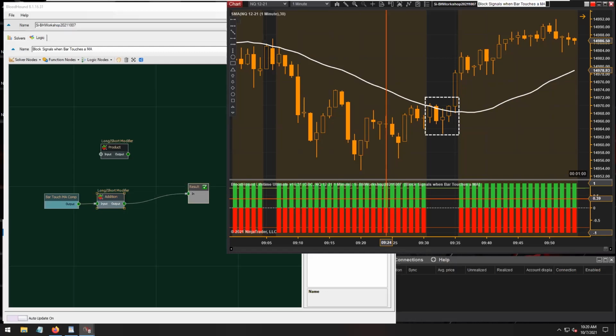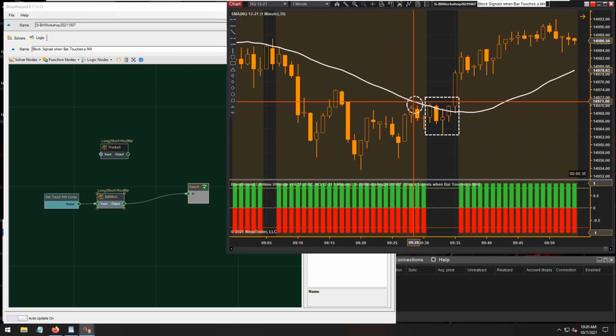Now we just need to add the requirement that, right, the bar needs to be X number of ticks away from the moving average as well, right? So right now, the bar has to touch it. But let's say that these bars, the high price is a little too close to that moving average.